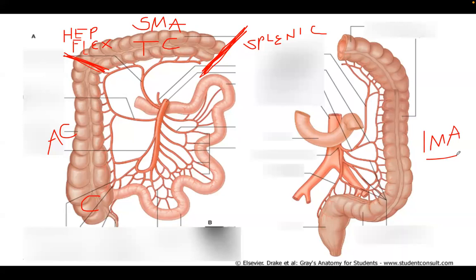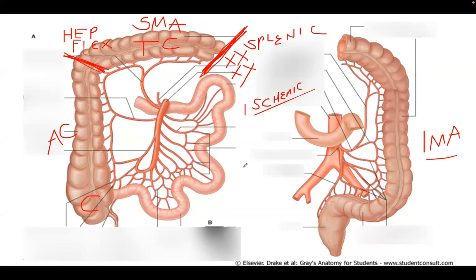Now, there is an area, okay, this is a surgeon's pearl as well as an internist pearl. The area which is most prone to ischemia, usually because of mesenteric ischemia or atherosclerosis, is usually in this area here. What do we call this area, which is the most vulnerable to ischemia?